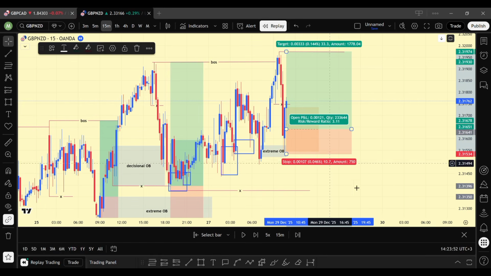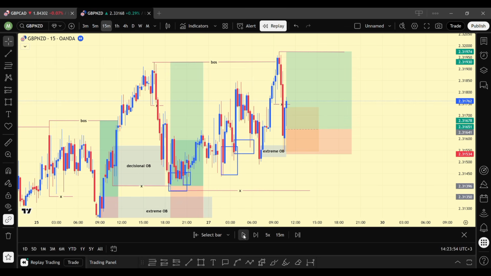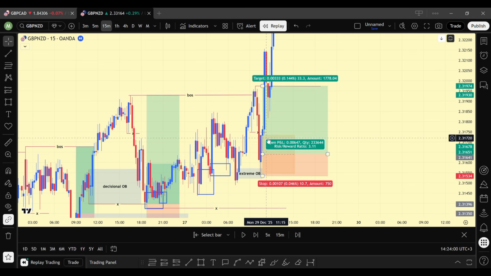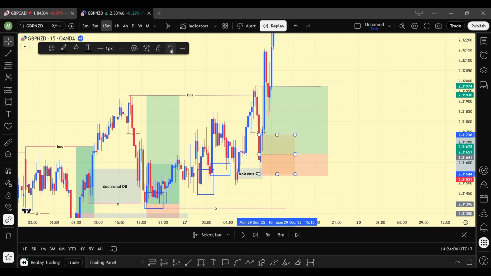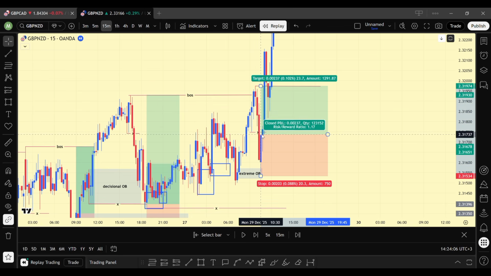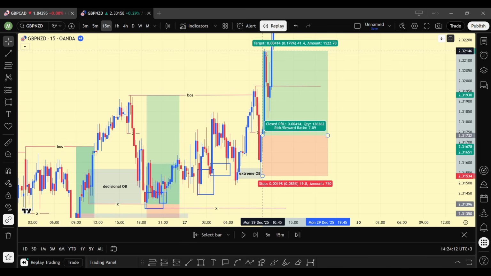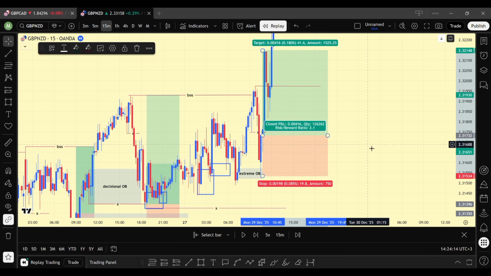So let's see if price will make it here. Okay, so price went aggressively up there, you can see that. And yeah, so this here was untriggered, not unless I took the trade after this. Yeah, you can see there. So this will give me a 1:1.2, not unless I extend it for the 1.2.